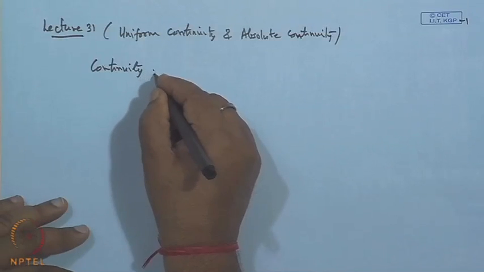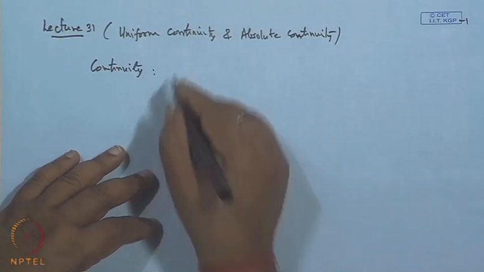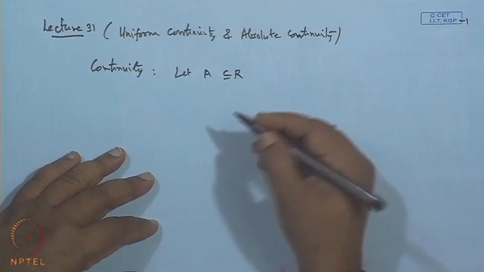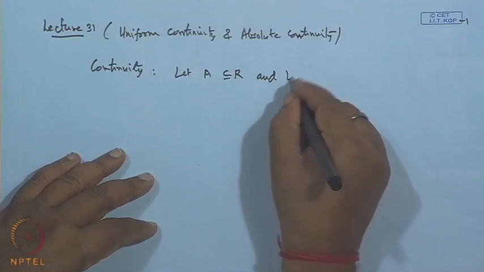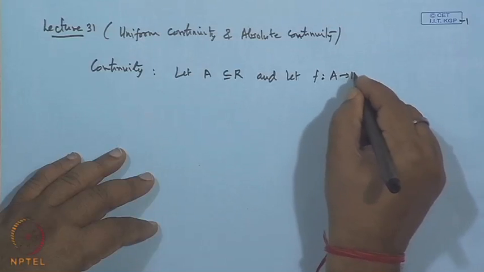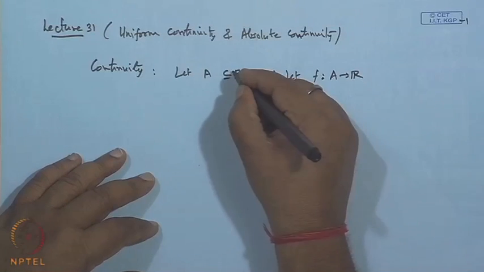Let A, which is a subset of R, and let f be a mapping from A to R, the set of all real numbers.